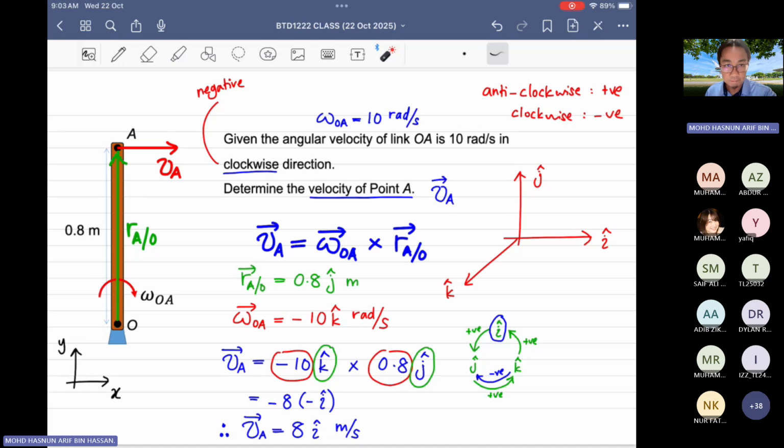Okay, any question so far on this? Before we move on to the next part, which is the general plane motion. Any question? Okay, if there's no question, let's move on to the general plane motion.